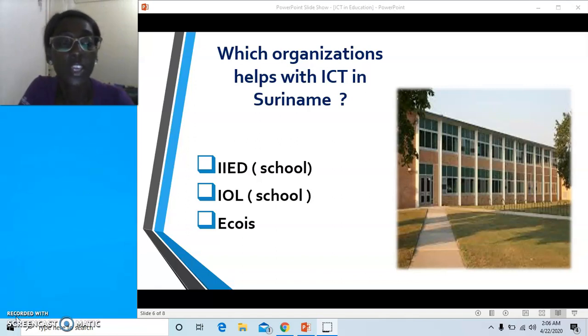And these are three of the organizations. There are more organizations, but these are three of the organizations that I mentioned that help with the integration of ICTs in Suriname.